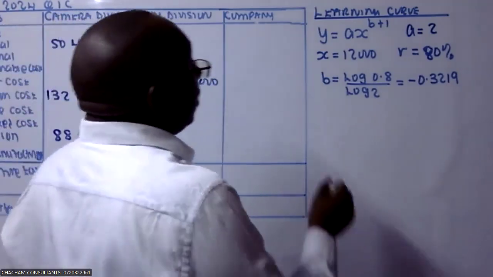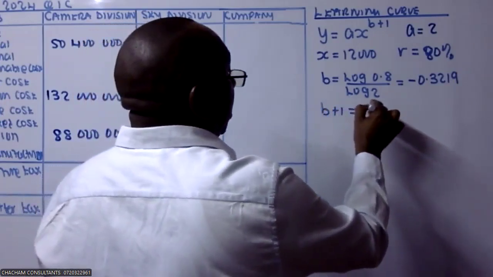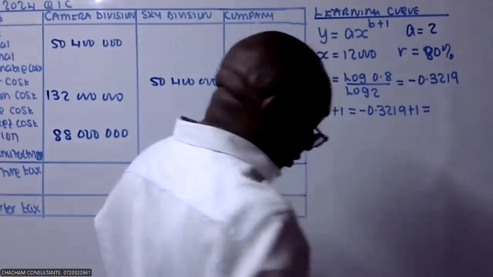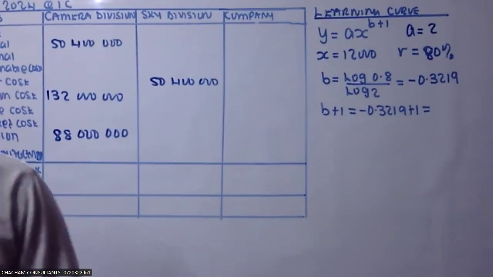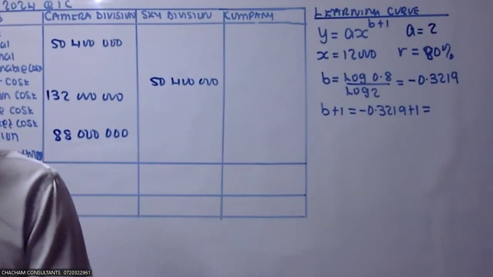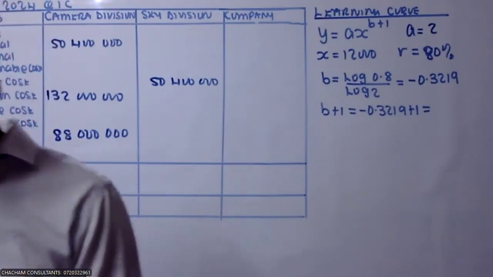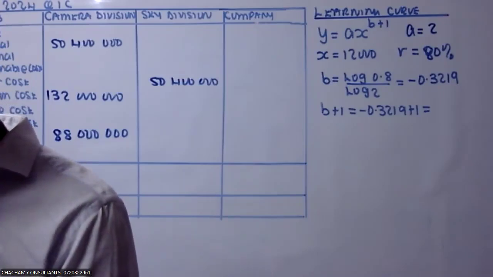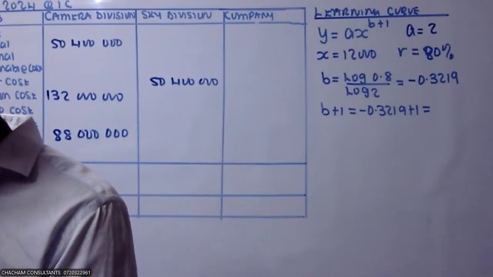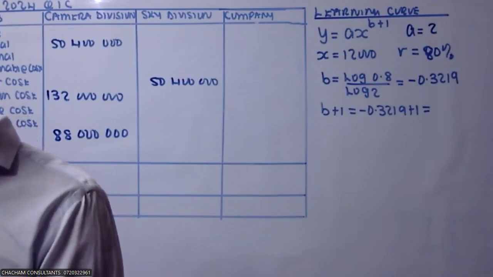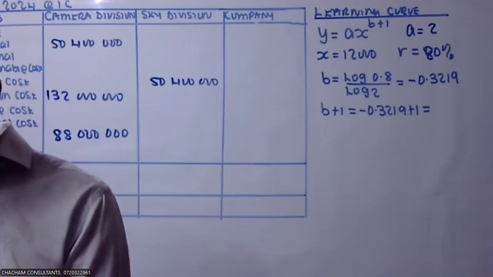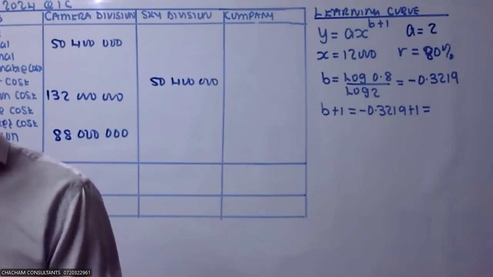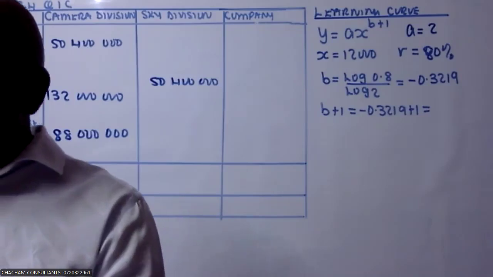So we need B plus 1. That would be minus 0.3219 plus 1, which is 0.6781.